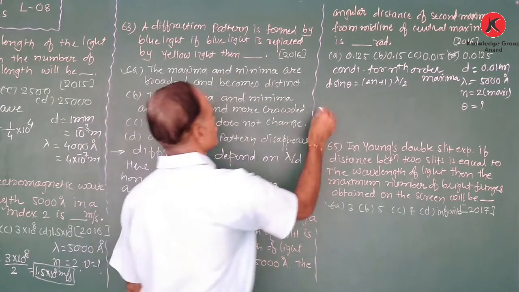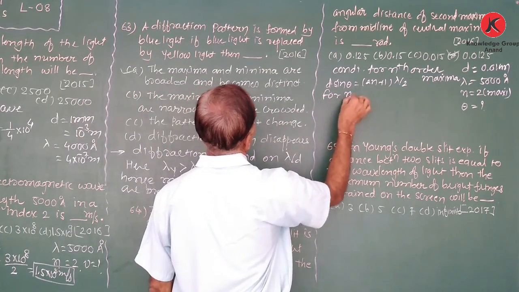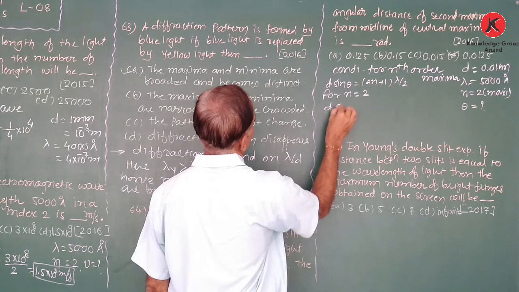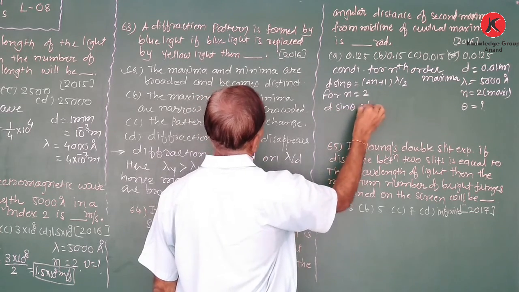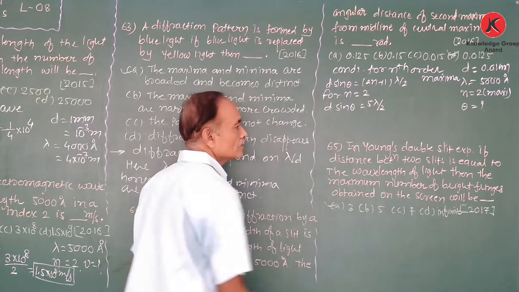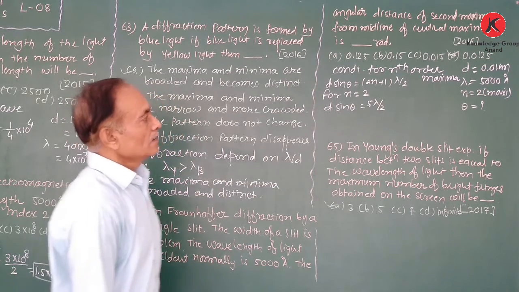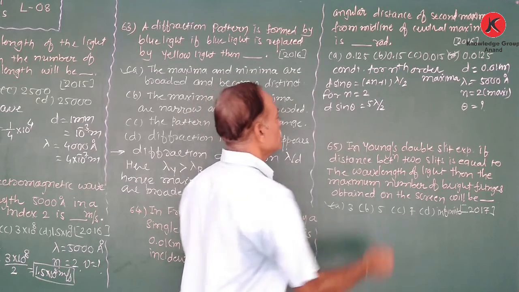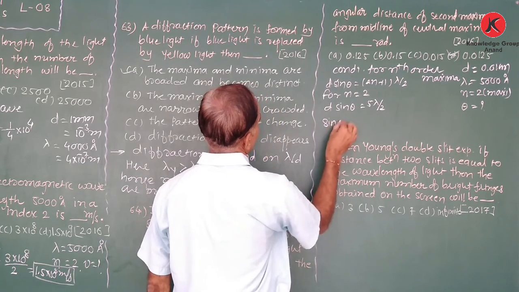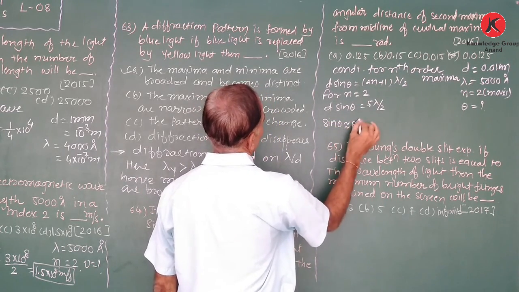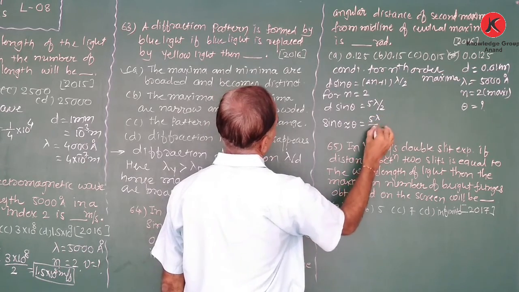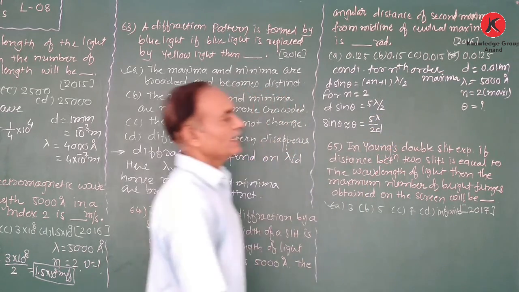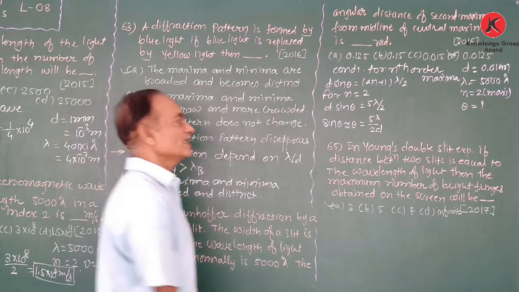For n equal to 2, we obtain d sin theta is equal to 5 lambda by 2, because 2 into 2 is 4, plus 1, 5 lambda by 2. Therefore, we require sin theta, or theta, which is equal to 5 lambda upon 2d.